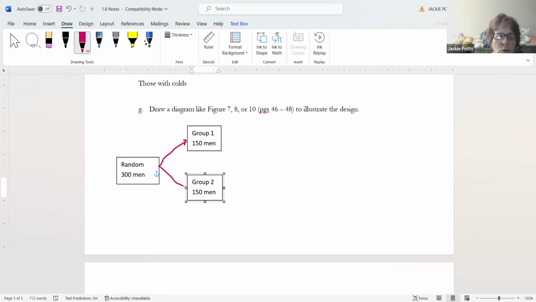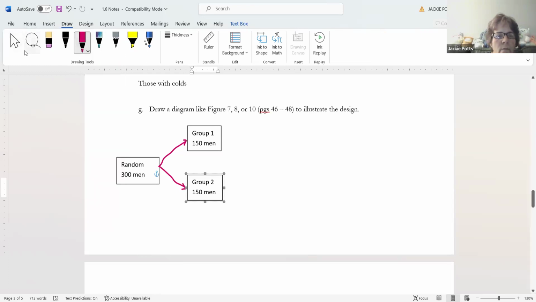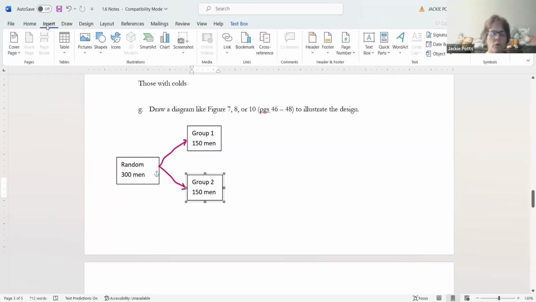So I took the initial 300 and I broke it into two groups.